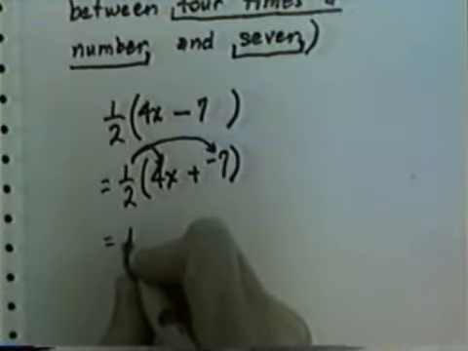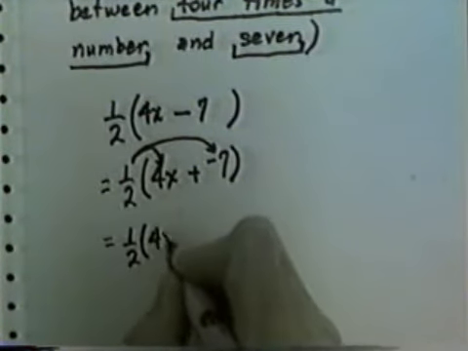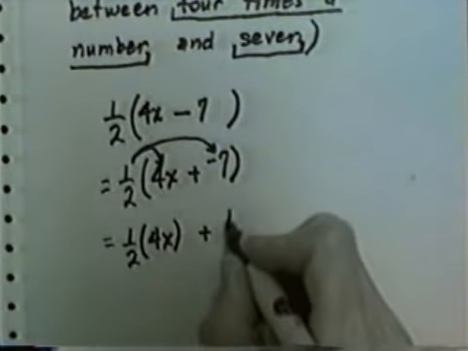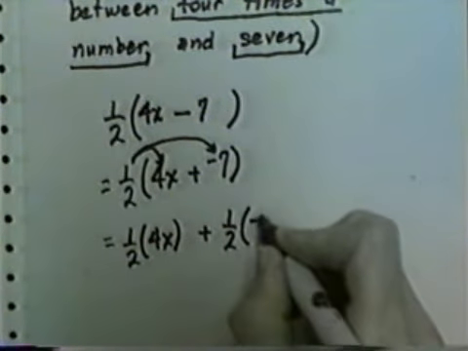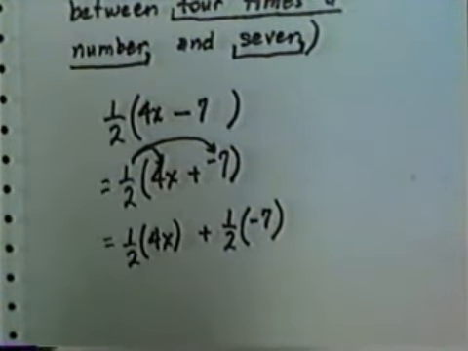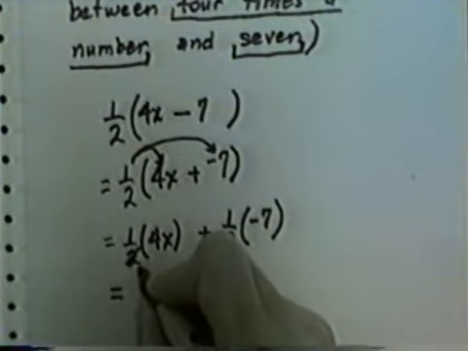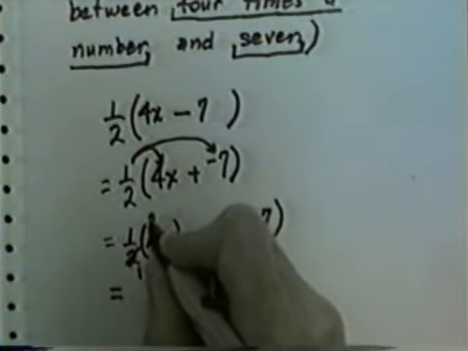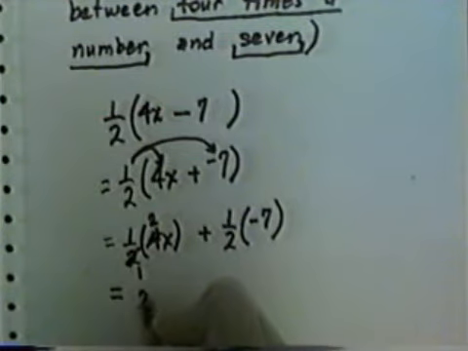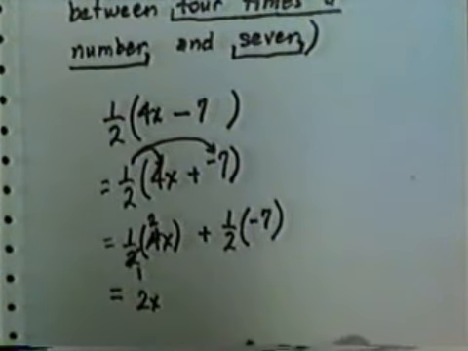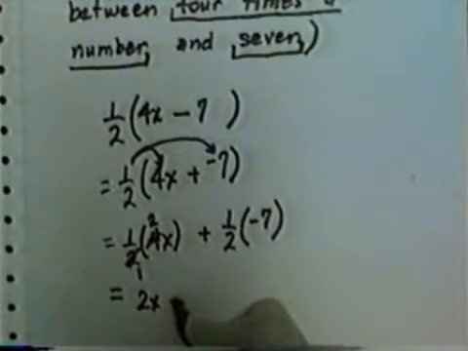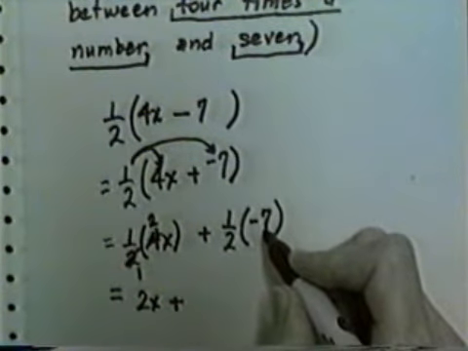1/2 times 4x plus 1/2 times negative 7. 1/2 times 4x is, canceling the 2, 2 goes into 2 once, 2 goes into 4 2 times. 1 times 2x is 2x over 1, which is simply 2x, plus, there's nothing that can cancel here.